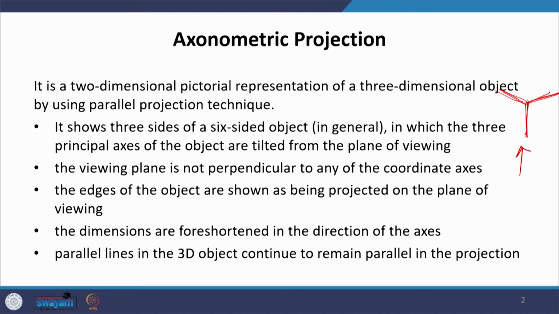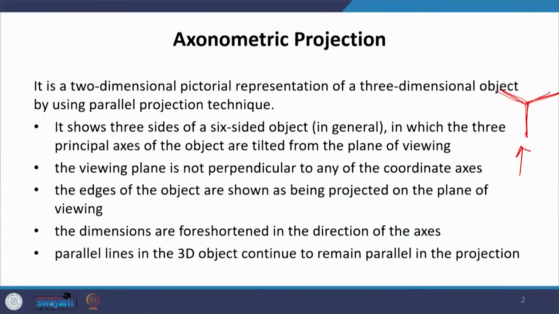The dimensions are foreshortened, especially in case of isometric, and we looked at the isometric scale. The parallel lines continue to remain parallel in the drawing. So, if the object has parallel lines, those parallel lines will continue to appear parallel in the isometric drawing of that object.